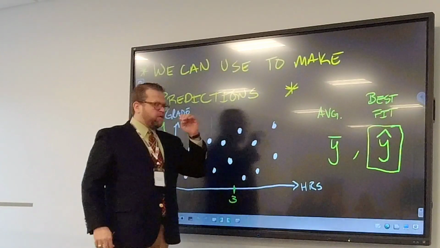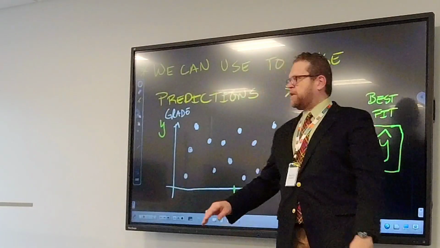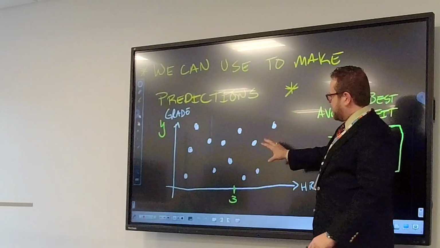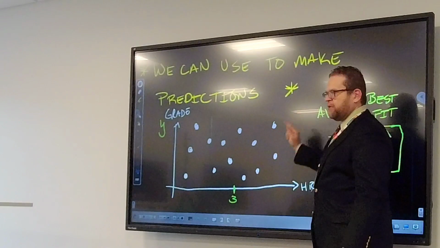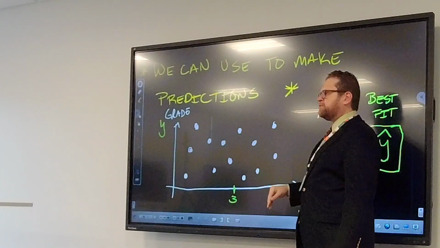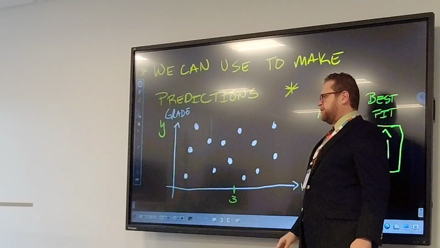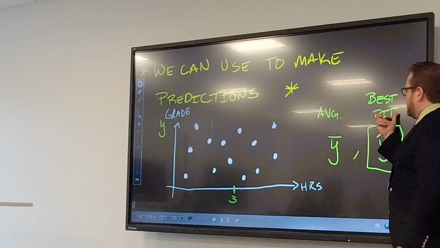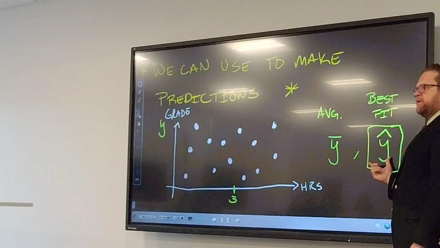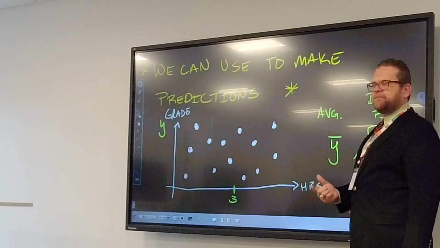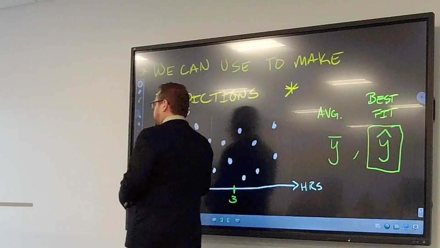It's just a matter of, will that best fit line be worth looking at? No matter how scattered out my data set is, there's going to be one of these lines whose sum of squared deviations is smaller than any other line. But it might not be the case that that line is worth using. It might be the case that the average is doing a better job of making the predictions for us.